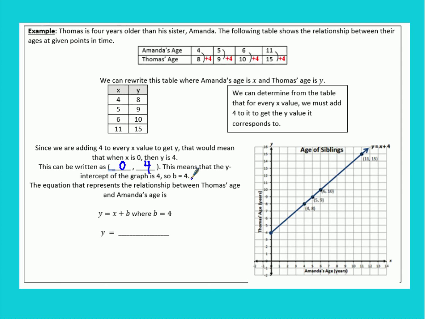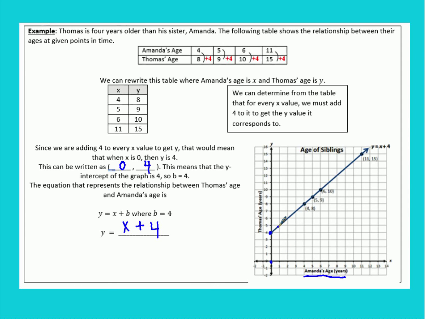So since we know that b equals 4, we can use the equation y equals x plus b, plug in b as 4, and we'll get y equals x plus 4 as the equation for this relationship. So on the graph, rather than starting at (0, 0), it's going to start at (0, 4). That means that when Amanda, which is our x value here, is 0, Thomas is 4, because he's 4 years older than her at any given time.